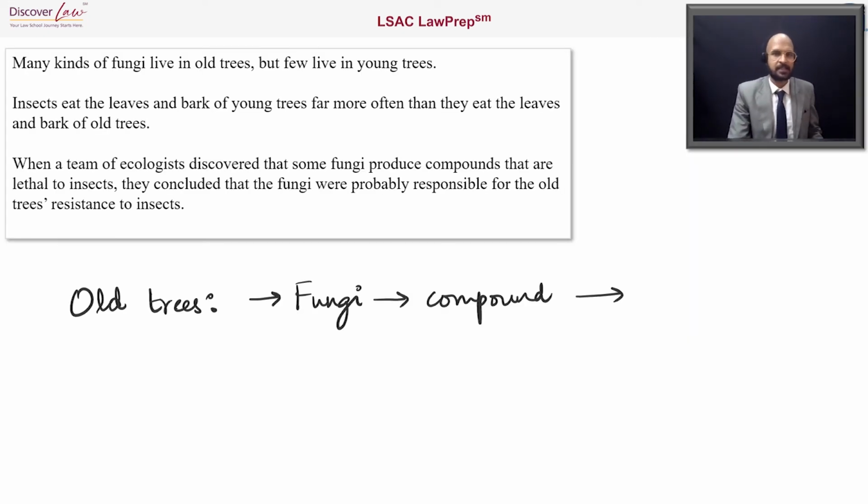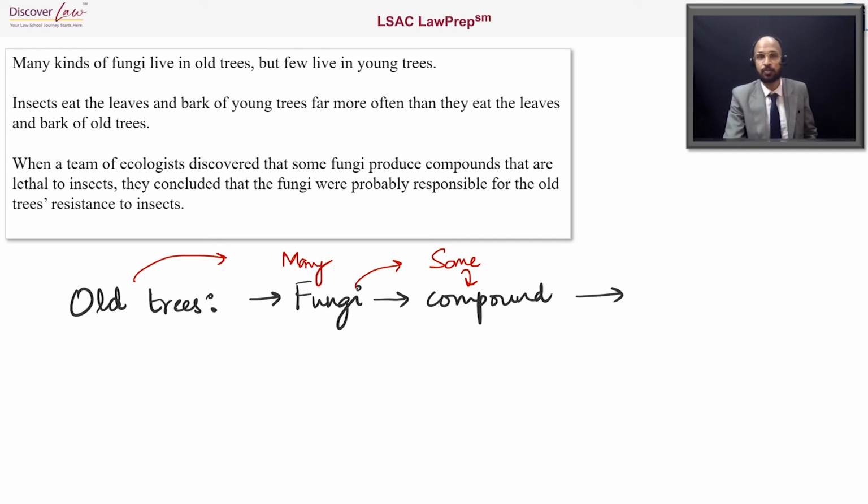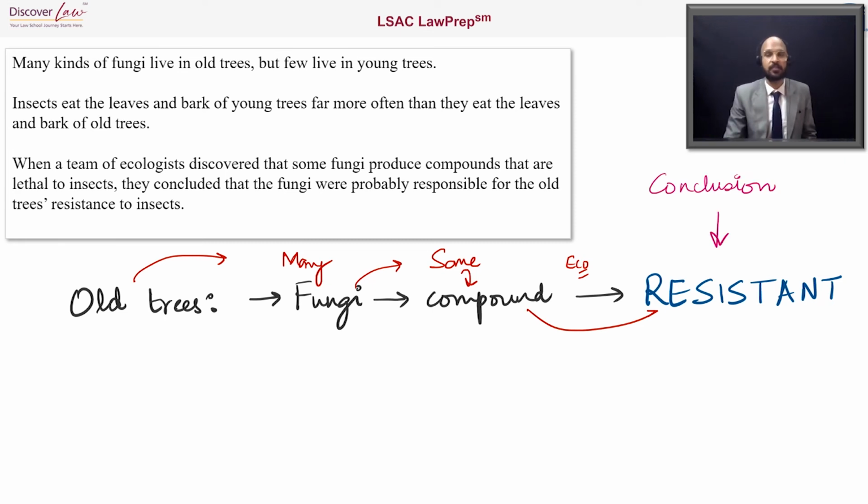It says that old trees have many kinds of fungi. Out of these many kinds of fungi, some produce compounds that are lethal to insects, and therefore the ecologists conclude that this is why the old trees are resistant. Now in this argument, do you see a problem?